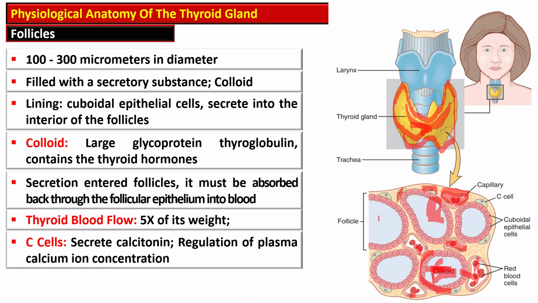There are follicles, which are responsible for hormone storage in the form of thyroglobulin in the colloid; the cuboidal cells that synthesize the hormones T3 and T4; the C cells or parafollicular cells, which are responsible for secretion of calcitonin that regulates calcium ion metabolism; and various capillaries that provide blood flow for the transport of the hormone.